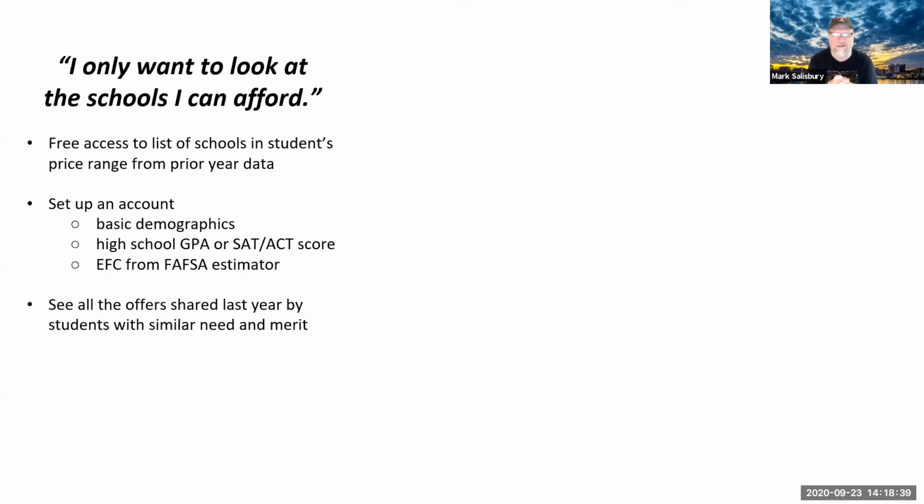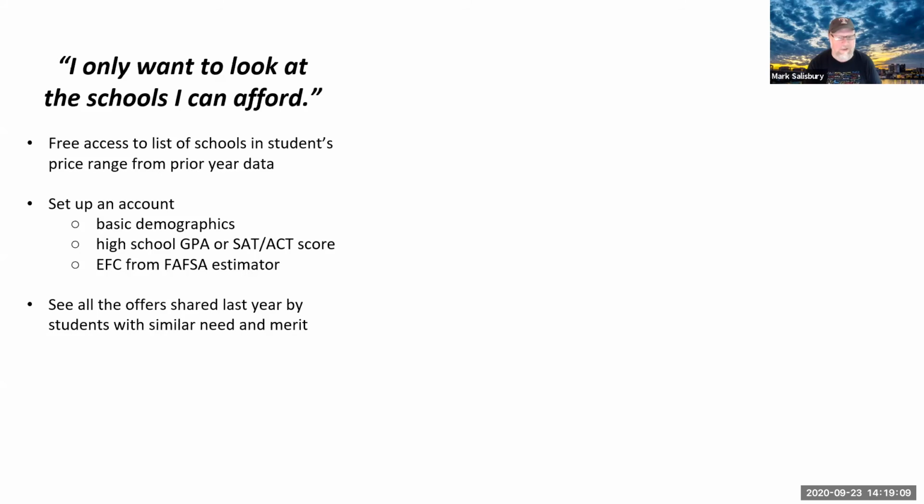But you can also get an EFC estimate from one of probably 50 different FAFSA estimators online. There are some really easy ones at finaid.org, and a more complex one at the College Board. You could just Google EFC calculator and find 20 of them on the first page. You can use them all. They're all pretty good because it's a pretty basic formula. As long as you have an estimated EFC, that's all you need.